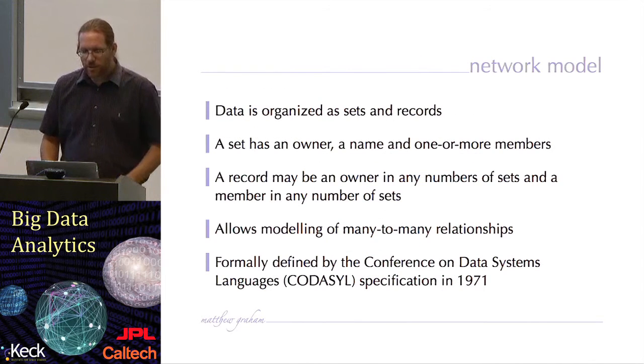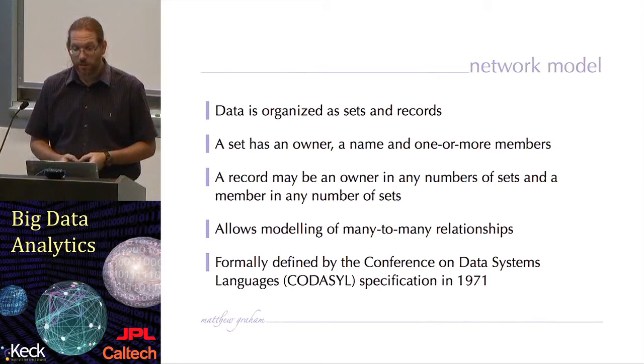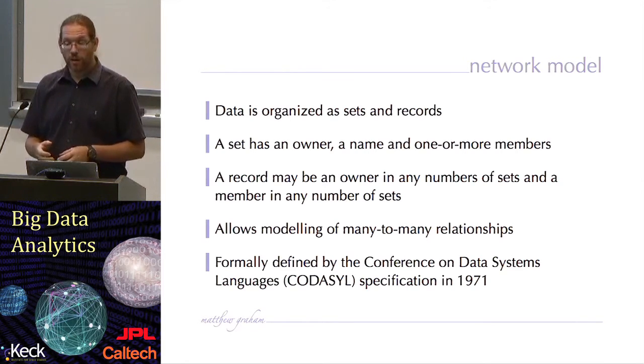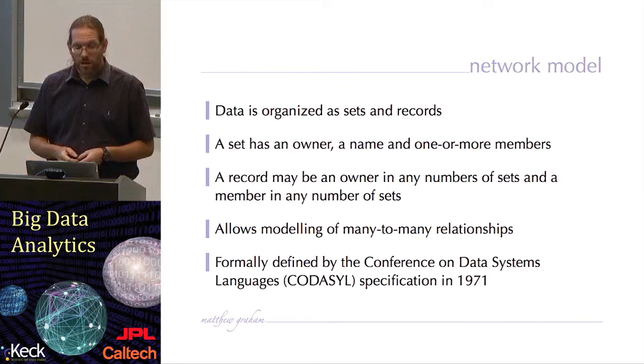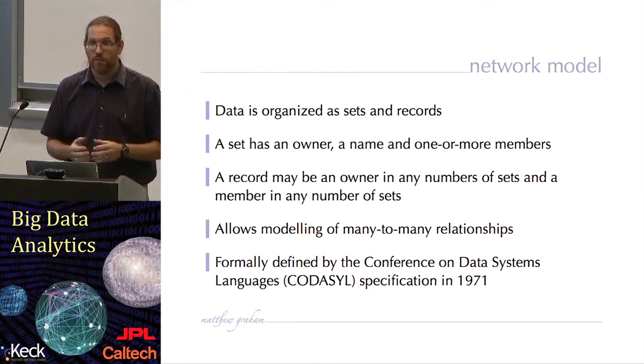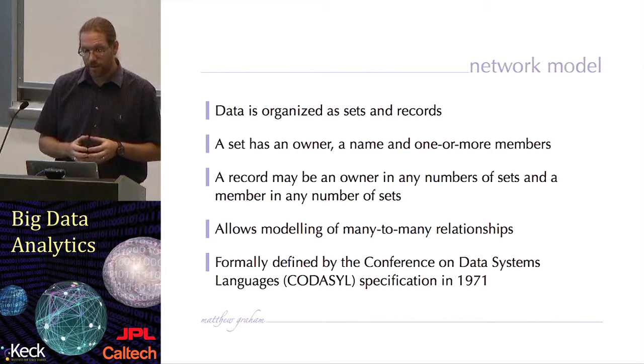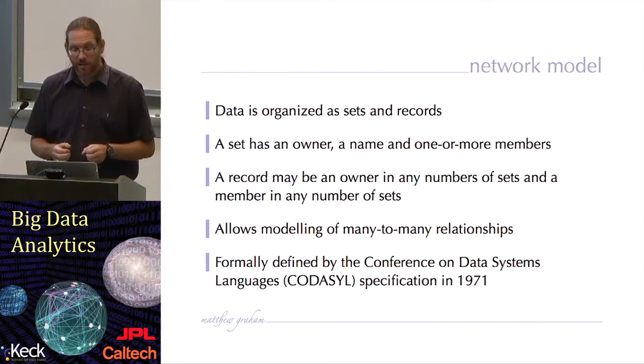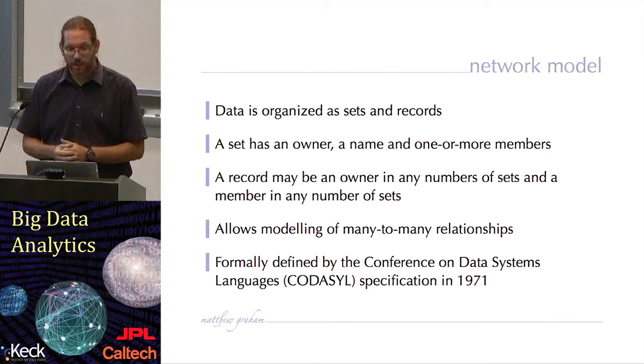In the network data model, data is organized as sets and records, collections and records. A set has an owner, it has a name, and it has one or more members. A record, a data item, may be an owner in any number of sets and a member in any number of sets.